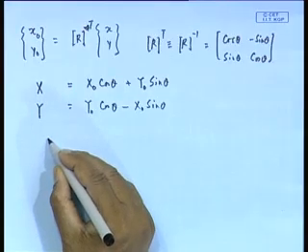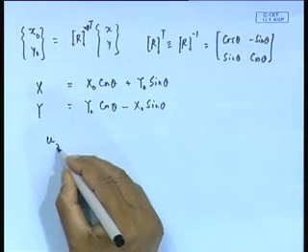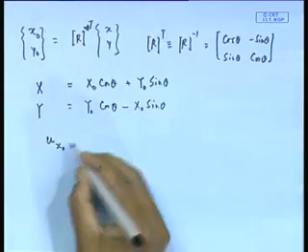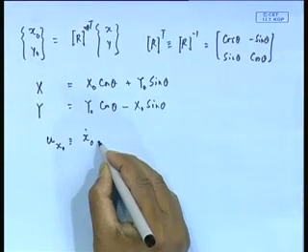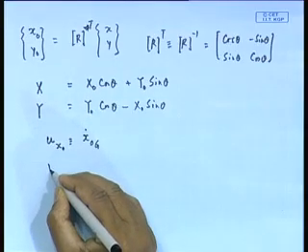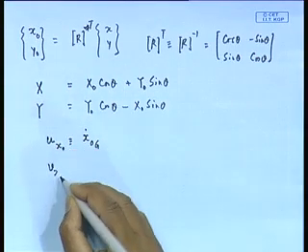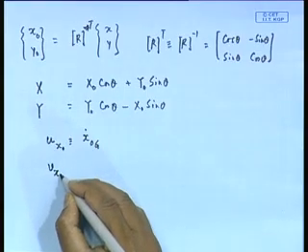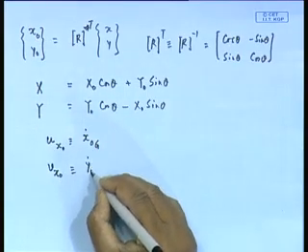Now u with respect to the x 0 system, which is x 0 dot g, equals x dot o g, and v with respect to the y 0 system, the inertial system, is y 0 dot g.